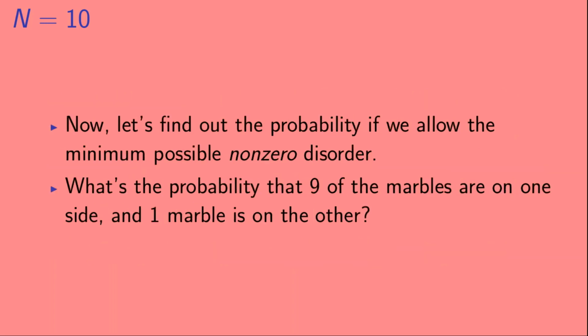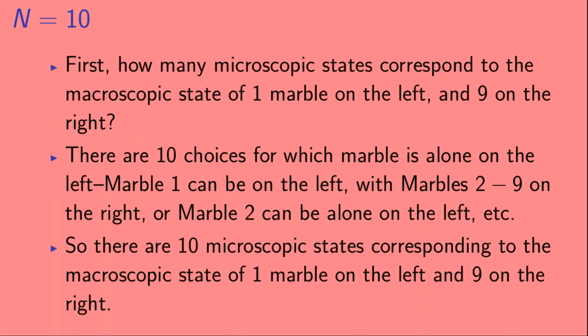Now, let's find out the probability if we allow the minimum possible non-zero disorder. What's the probability that 9 of the marbles are on one side and 1 marble is on the other? First, how many microscopic states correspond to the macroscopic state of 1 marble on the left and 9 on the right?